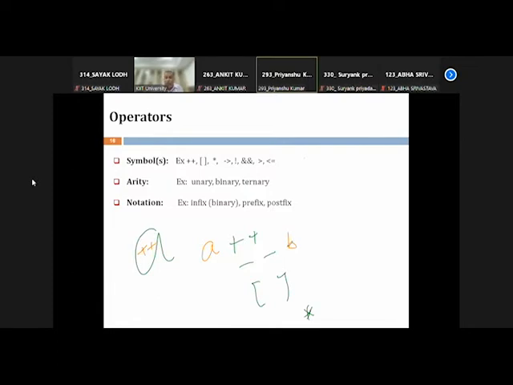But a unary operator like bracket can only be used as postfix, and star is only used as prefix. So some unary operators are exclusively prefix, some exclusively postfix, and some can be both.